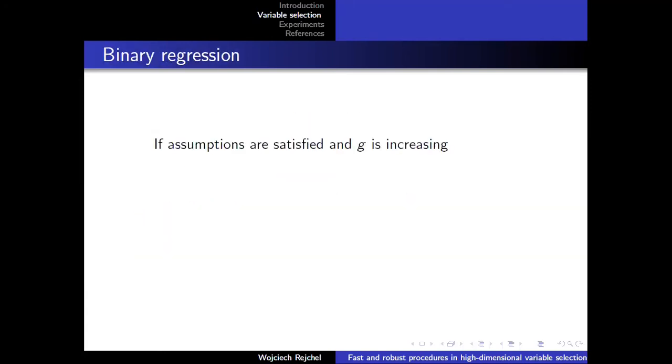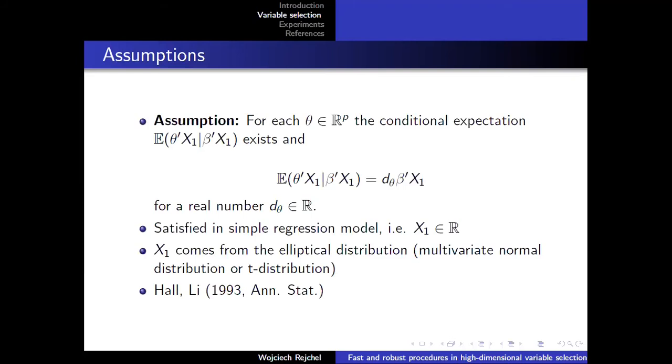Can I have a question? Yeah. So is the whole result valid for the case when n is less than or equal to p as well? Yes, it is. But here, for instance, in this condition, there is nothing about n.